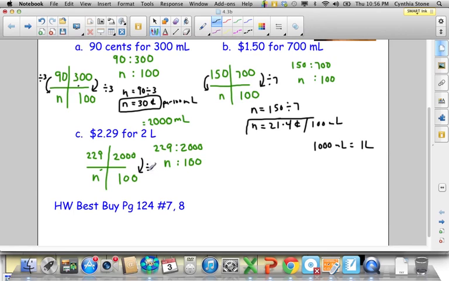So if we go 2,000 divided by 20, we get 100. And so 229 divided by 20 will give me N. Put that in your calculator: 11.45. Clearly this is the best buy.